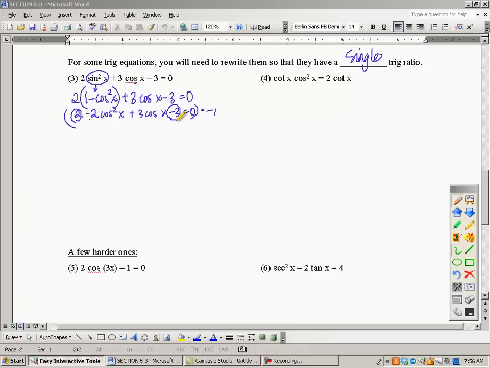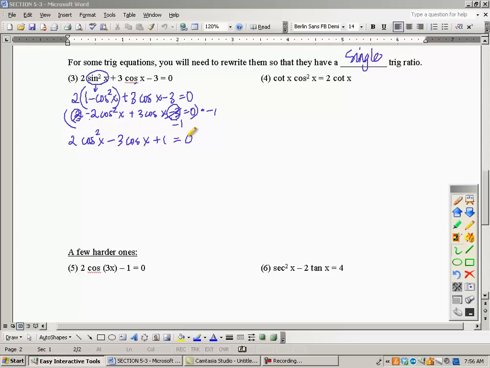So the 2 and the -3 basically makes -1. So if I multiply everything by a -1, I get 2 times the cosine squared of x minus 3 times the cosine of x, and it was a -1 when I added these two together, so +1.